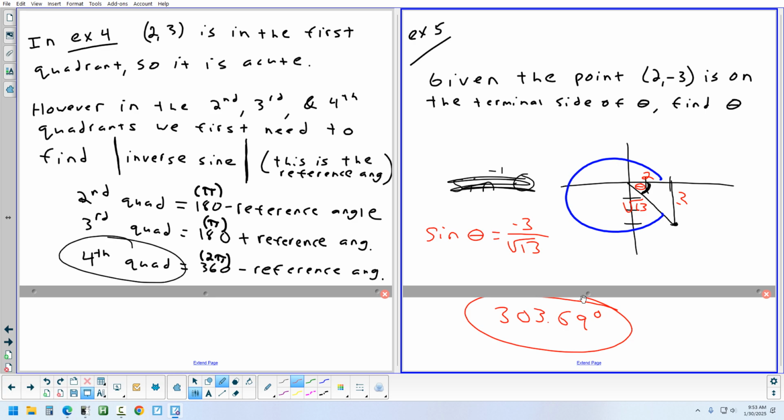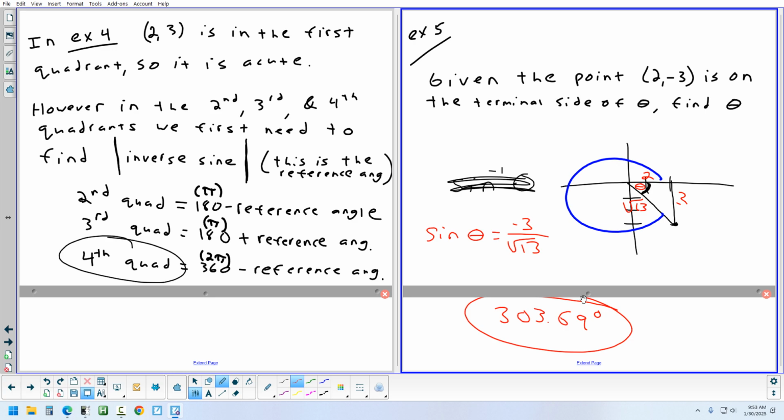And that's how you find how big an angle is in another quadrant. Find your reference angle, and then either subtract it from 180, add it to 180, or subtract it from 360. If you're in quadrant 1, you don't need to do any of that. Your inverse sine is your answer, and you're done. But in 2, 3, and 4, you need to adjust it.